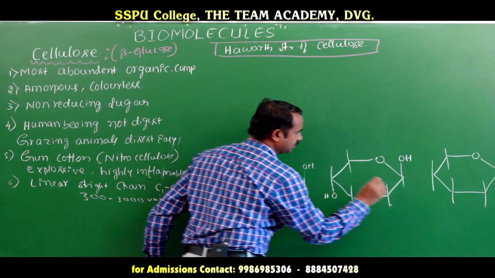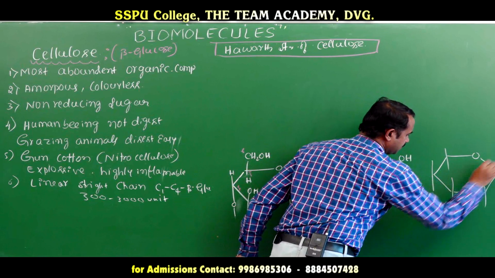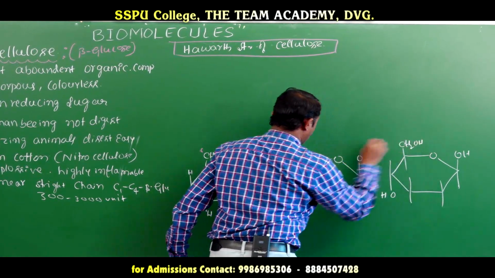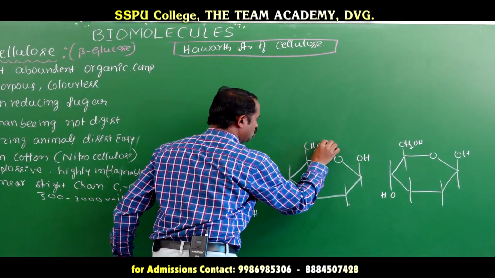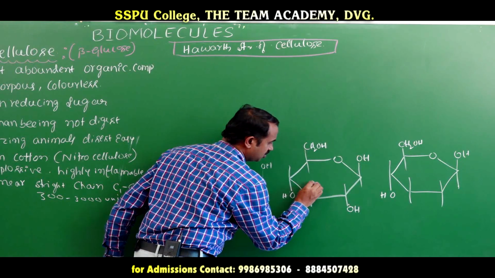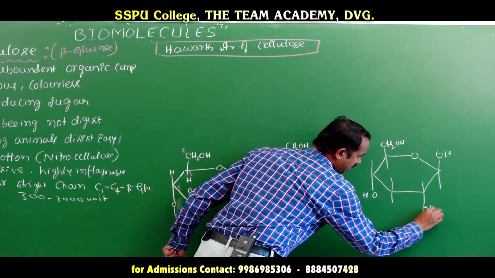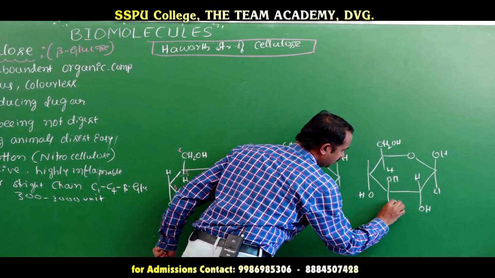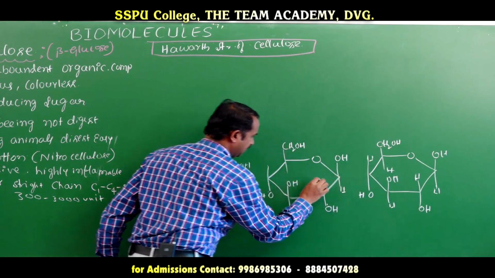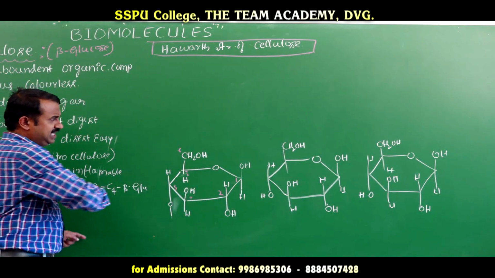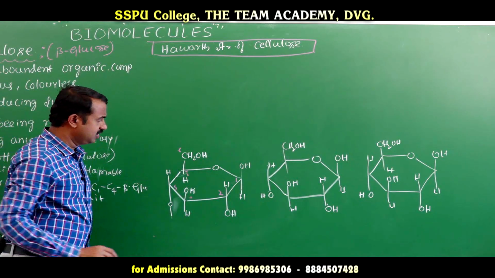Here fixed CH2OH, CH2OH. Here outside, inside, outside, inside, H, H, H, H, H, H. Okay, this is the beta glucose.